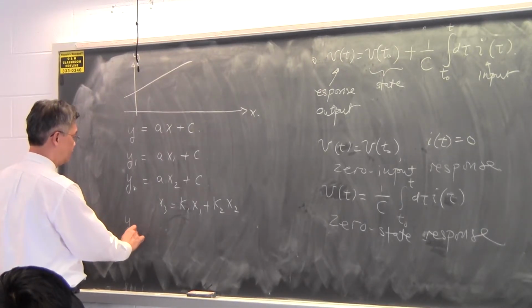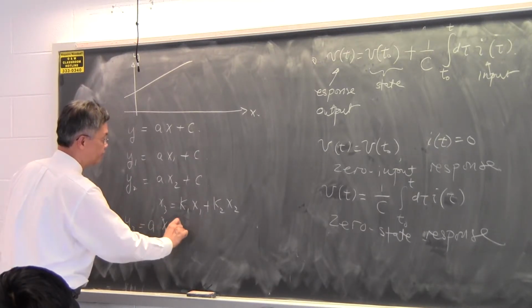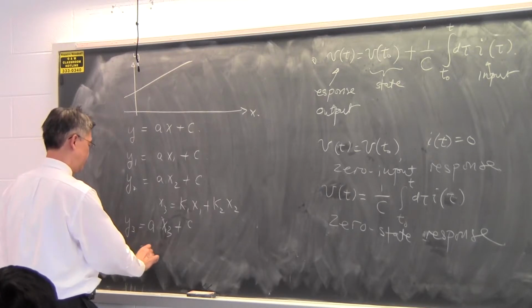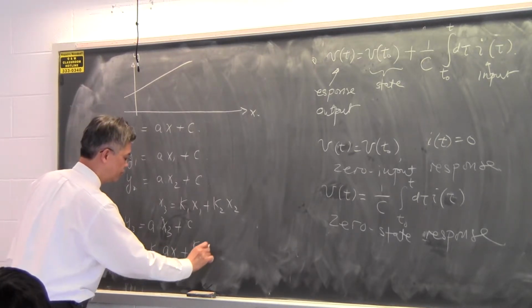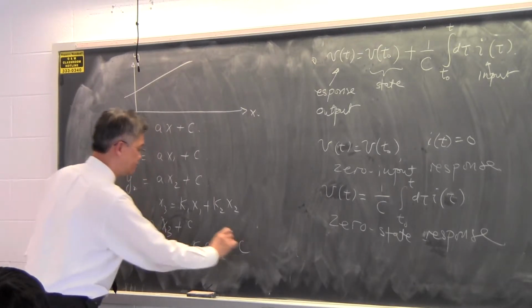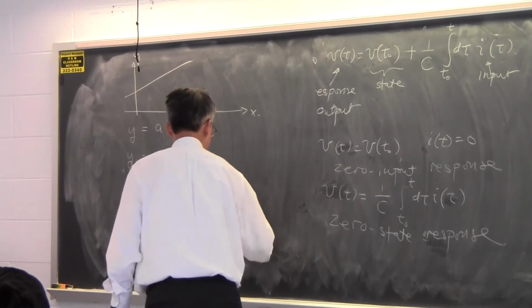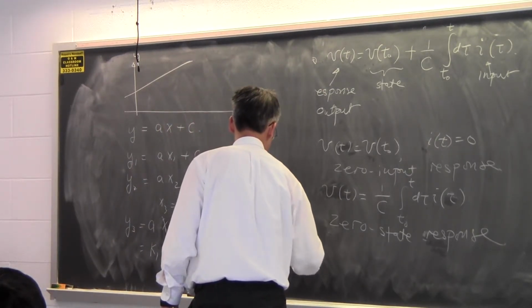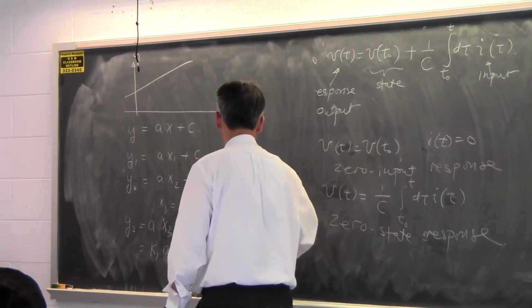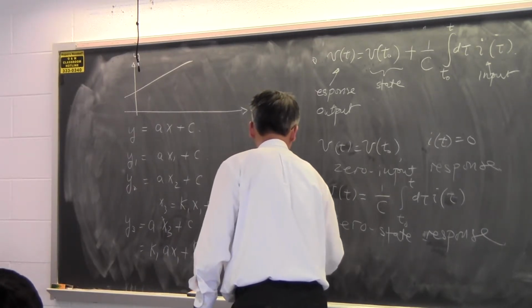Then y3 is equal to A x3 plus C, which would be equal to k1 Ax1 plus k2 Ax2 plus C. And that, as you can see, is not just equal to k1 y1 plus k2 y2.